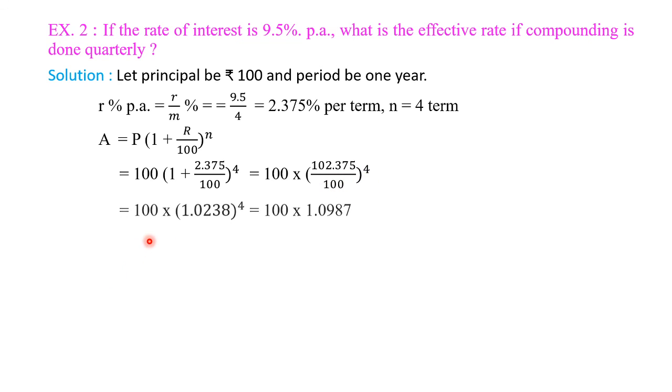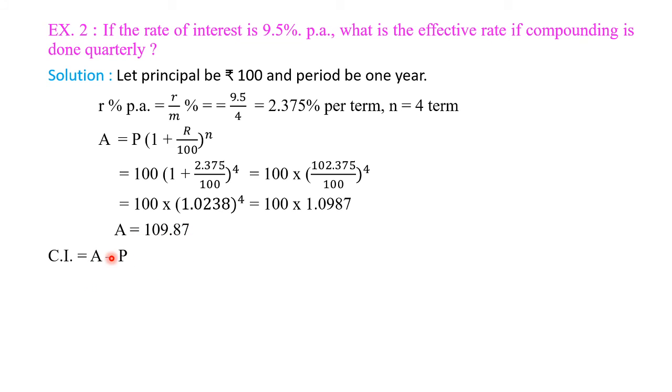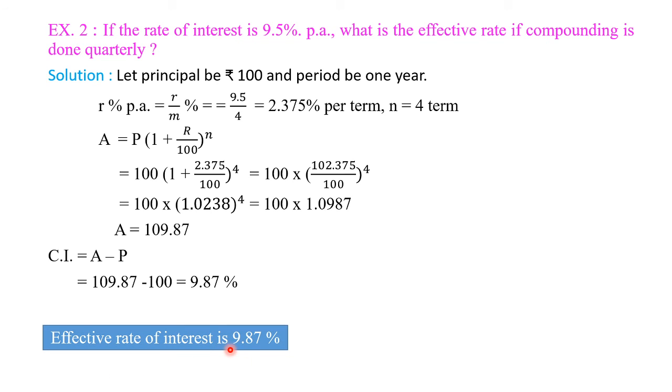After solving this, we get 100 into 1.0238 raised to 4, which is 1.0987, and we get 100 into 1.0987, so A is equal to 109.87. Compound interest is A minus P, A for amount, P for principal. After putting these values we get 9.87. Effective rate of interest is 9.87%.